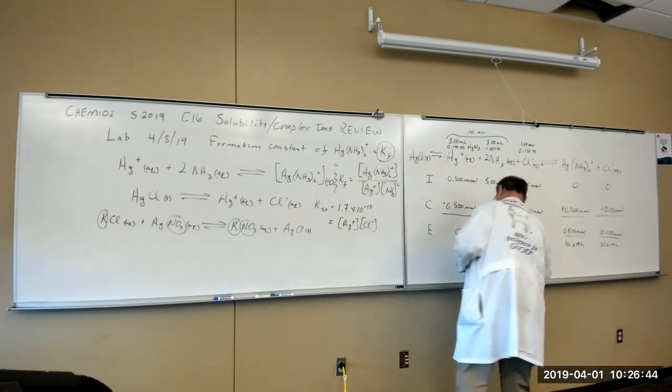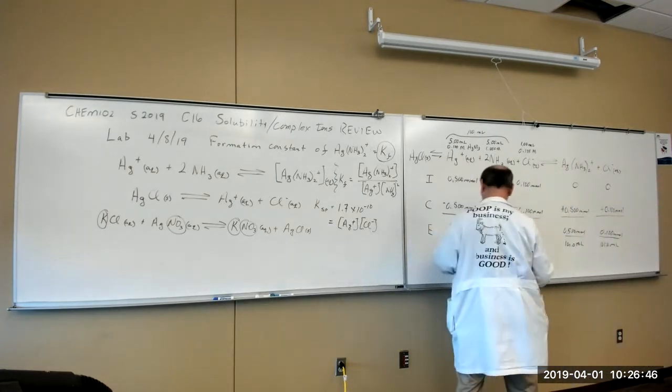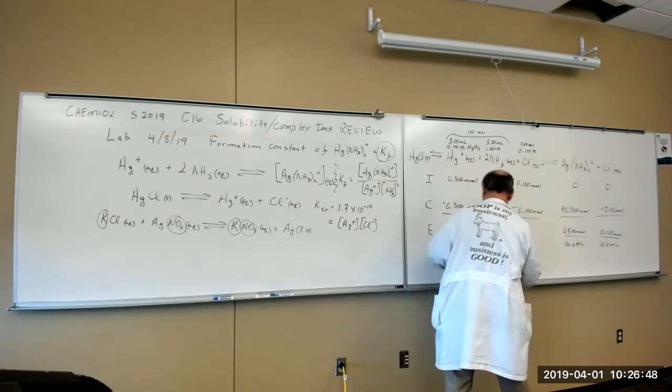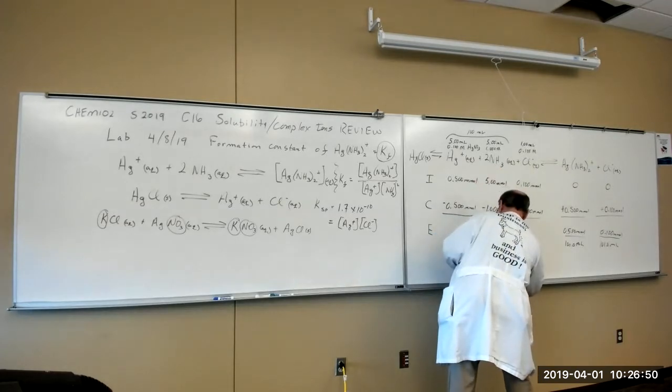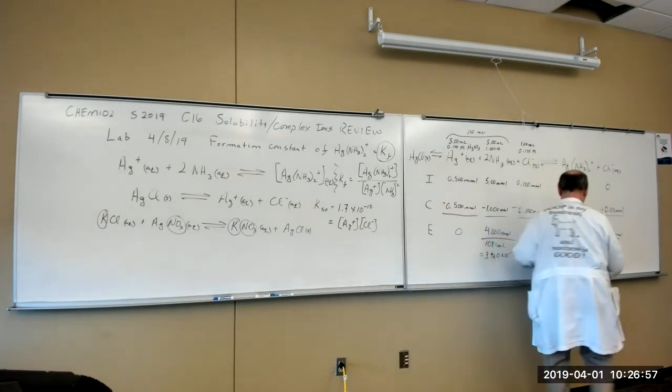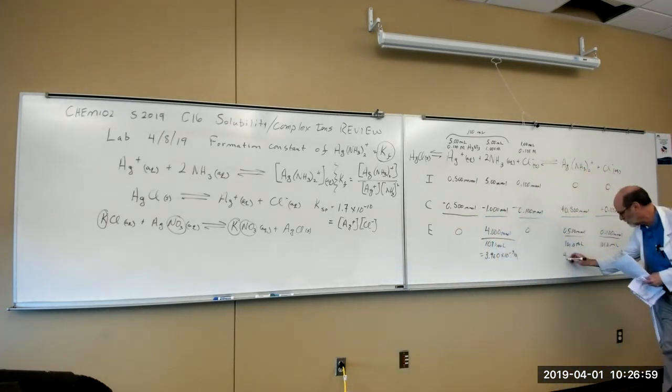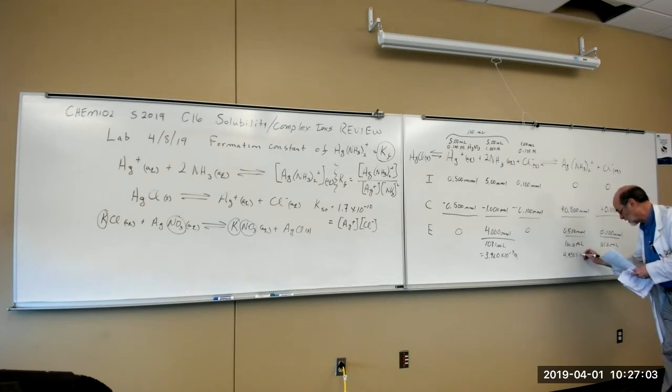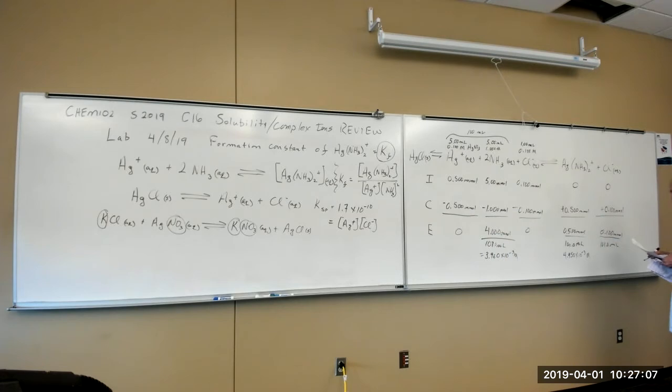Okay. So that gives us 4 divided by that, which is 3.96 times 10 to the minus 3 molar. And this is 4.950 times 10 to the minus 3 molar.